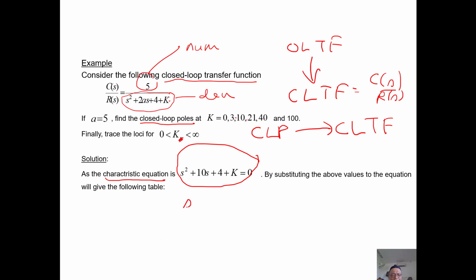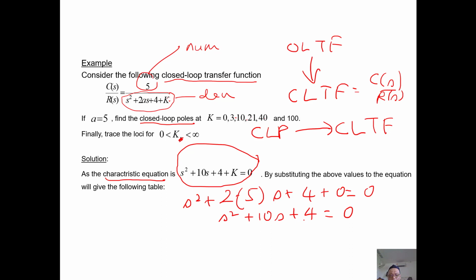For example, if K equals 0, so s squared plus 2a, with a given as 5, so 5 times s plus 4 times K. K is 0, so this is 0. So it must be set to 0. So you get s squared plus 10s plus 4 equal to 0. And then find the root of this one. So how to find the root? You can use MATLAB.